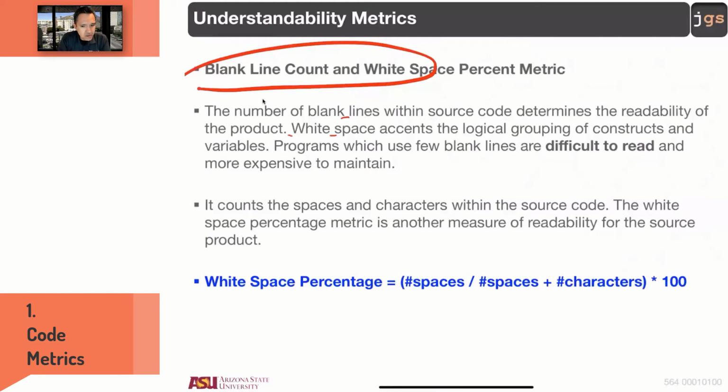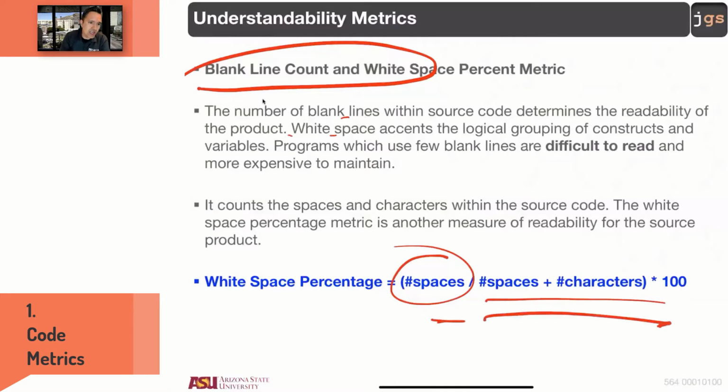Basically, we count how many white spaces we have in comparison with the total number of characters in the file, all the characters, including the white spaces and others. This is going to give us a number, a percentage.